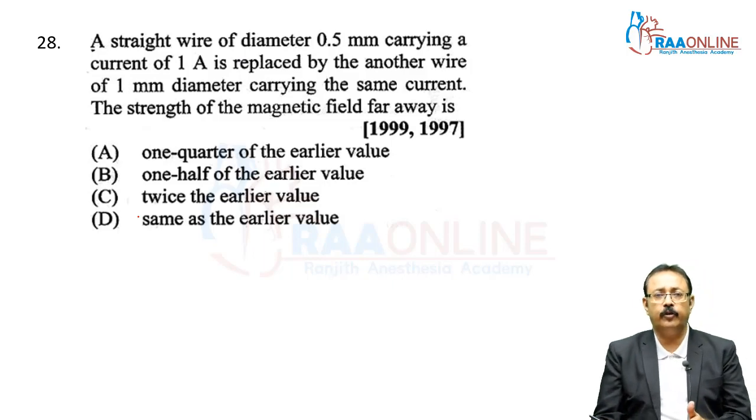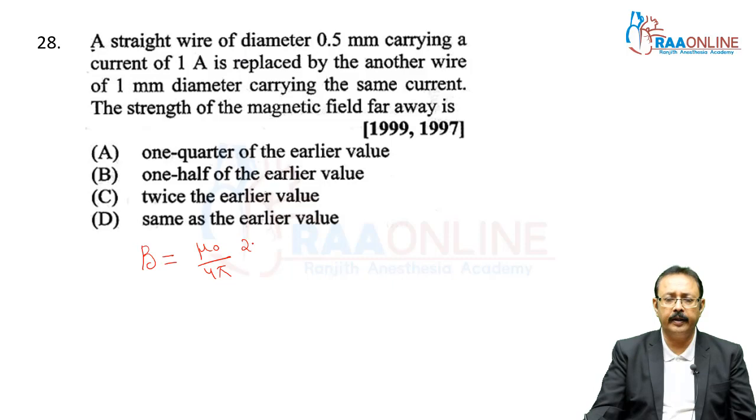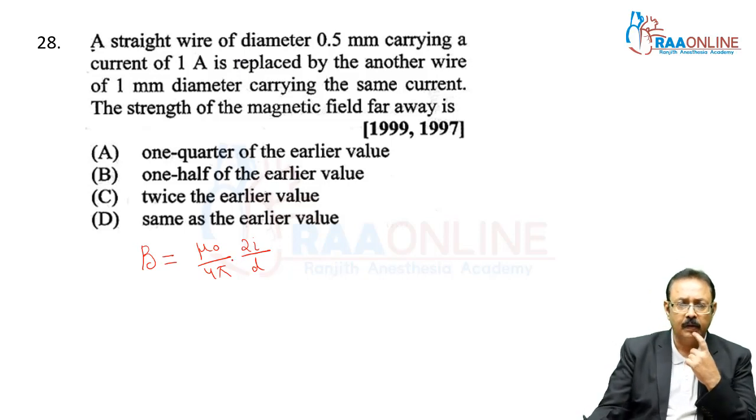First, we will make the formula in terms of given physical quantities. What is the formula of magnetic field due to a straight wire current carrying conductor? Mu naught upon 4 pi, two I upon distance.